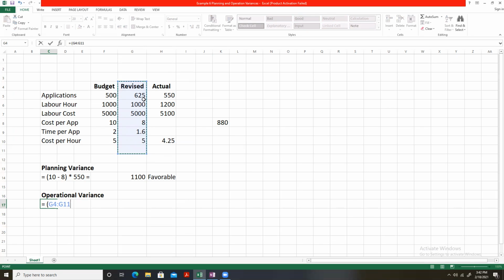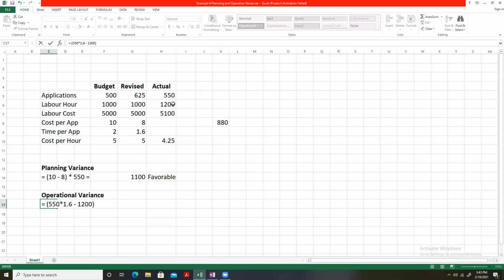According to these standards, 550 applications should have taken 550 multiplied by 1.6 hours. But actually, the number of labor hours taken is 1200.